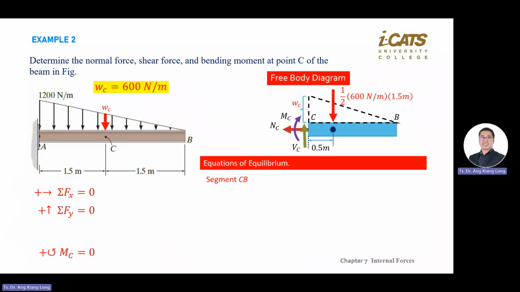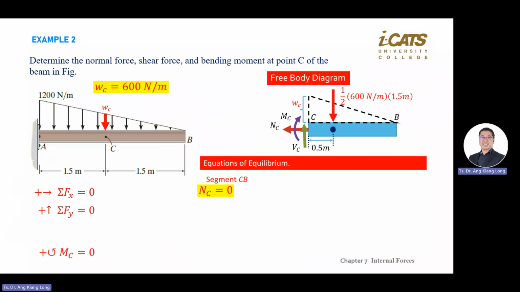Again, solving these three equations. X direction, you only have one. NC equals 0. Fy, you have two forces, the green arrow and the red arrow. Before I forget, always when you see a distributed load, your ultimate goal is to convert the distributed load into a focus load.